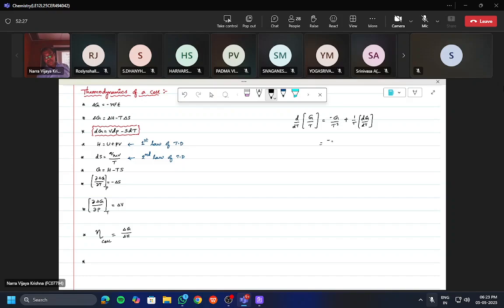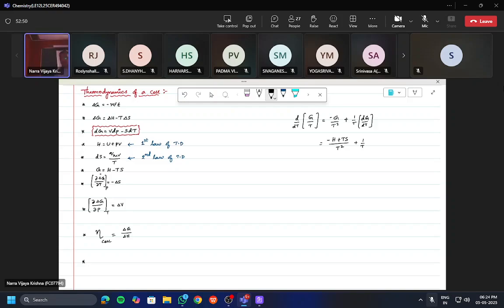Minus H plus TS divided by T square, plus 1 by T into, instead of dG by dT, can I write minus S? So I am substituting minus S for dG by dT.